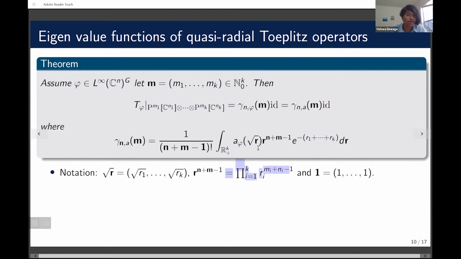And square root of r is just taking square root on each of the components. Now, to prove this, we just used polar coordinates appropriately and the homogeneity of the polynomials.